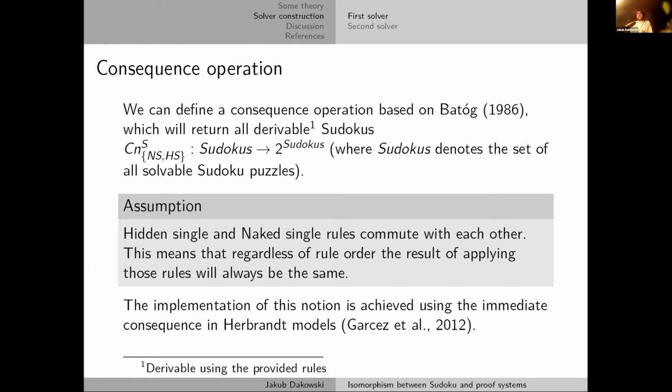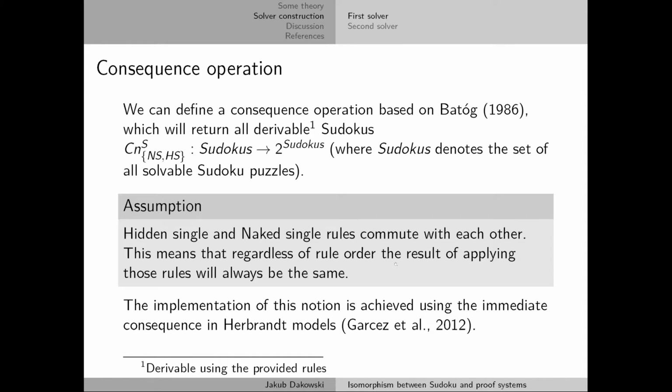What is important is that in the rest of this talk, I will focus on the Sudoku that has the most filled fields from this set that we achieve from this operation. Another important assumption is that both of these rules commute with each other. I implement this operation using Herbrand models, but that's not really important right now. I can tell you later.